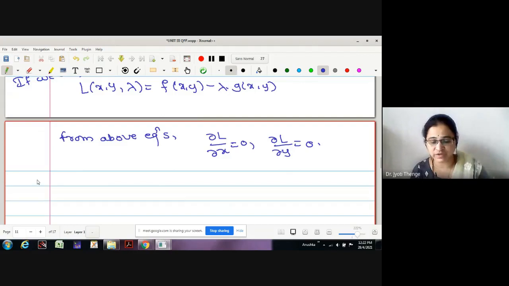So whatever the two conditions we have obtained, and the original constraint, g of x, y is equal to 0.